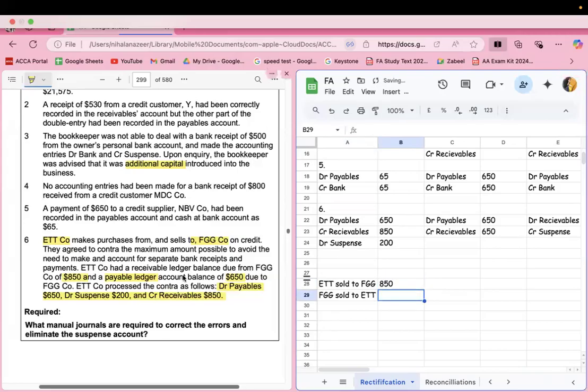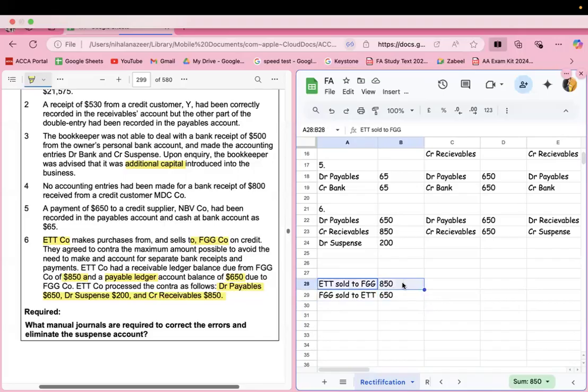That is the receivable ledger balance of ETT to FGG. Clear, no? And ETT had a payable balance of how much? 650, right? So the maximum that we can settle is 650 because we owe 650 only to them. That means the remaining 200 they should pay in cash.